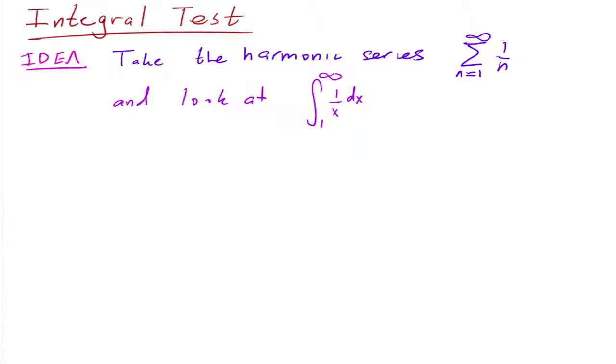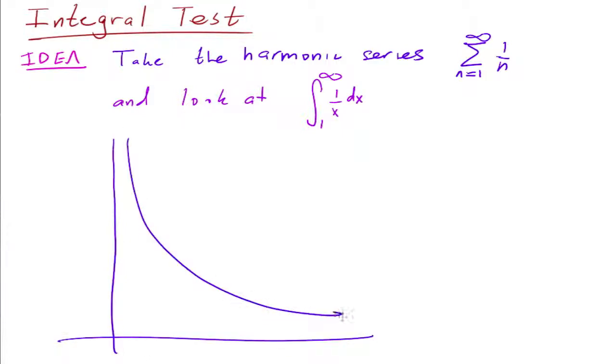If I draw a rough picture here, f of x is 1 over x. Graphically, I can represent the partial sums of the series as rectangles of width 1. My picture is off scale, but that's okay.